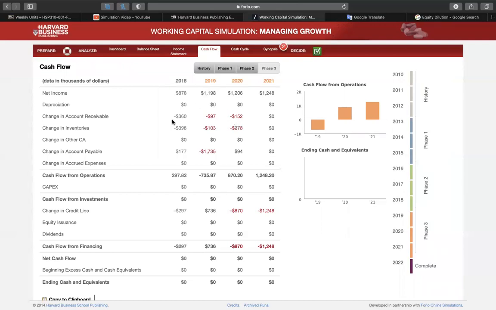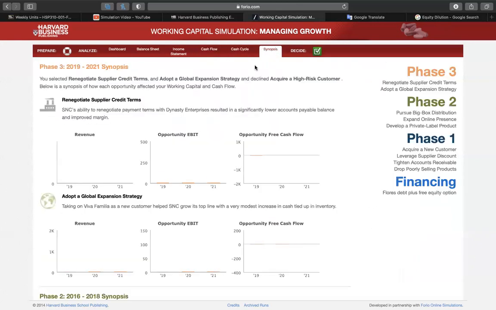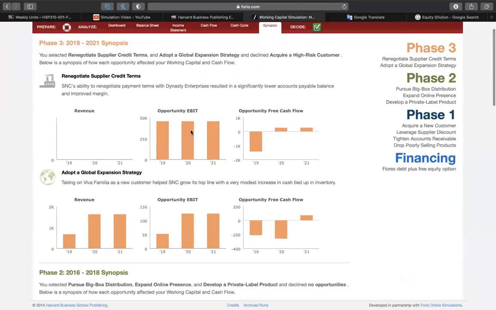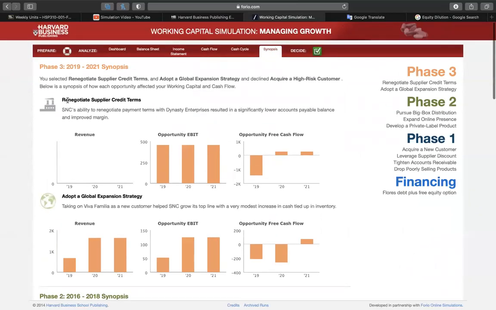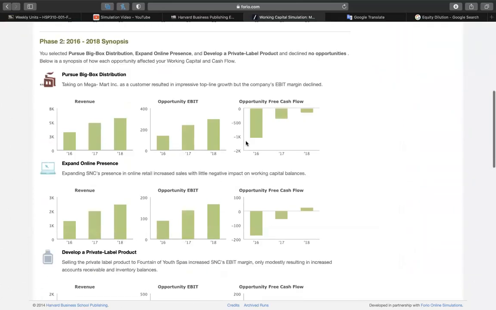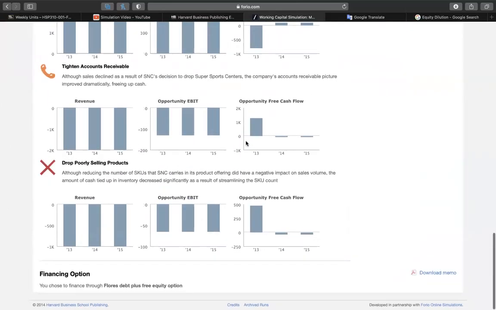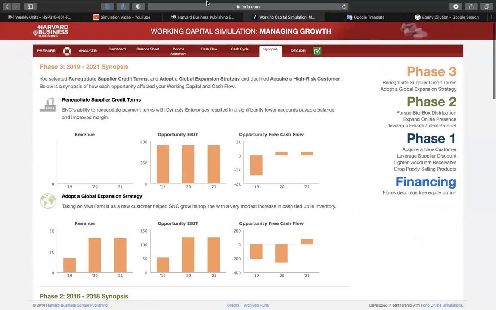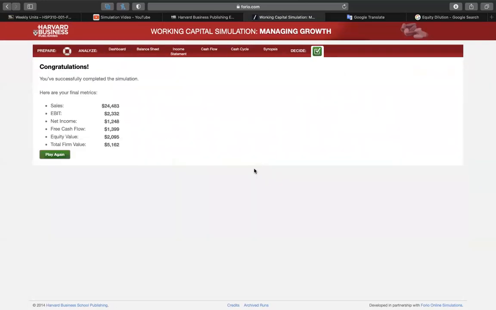It's not as bad as in phase 2 because we brought in a solution for it with the renegotiated supplier credit term here. So as we see, we are done with this, and we can see the total that we did here.